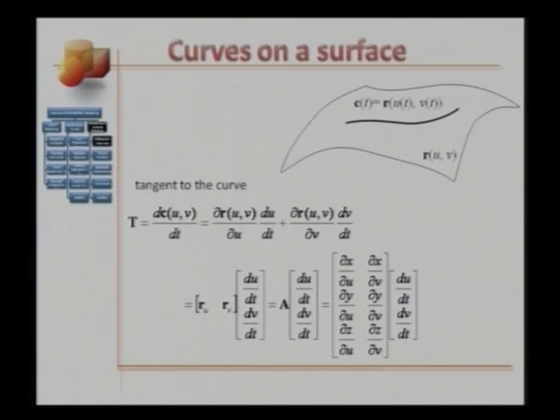This is not surprising because both these tangents r sub u and r sub v are vectors, and these are the components of these vectors. So this column here are components of ru, and this column right here are the components of rv.